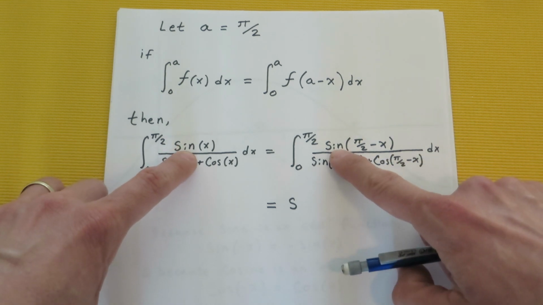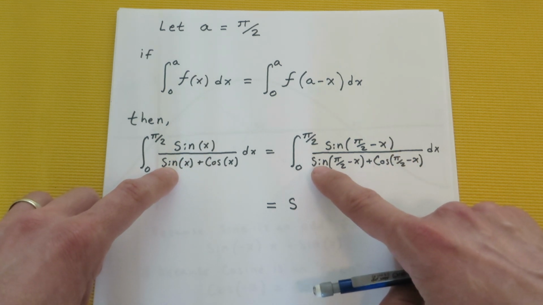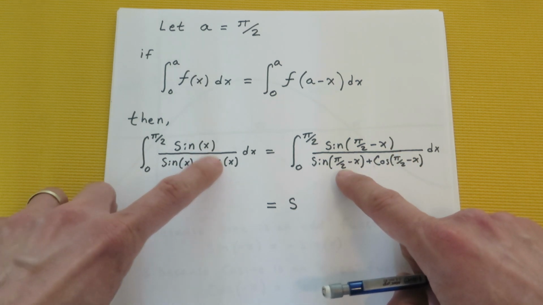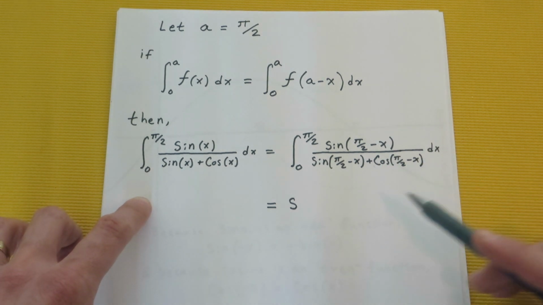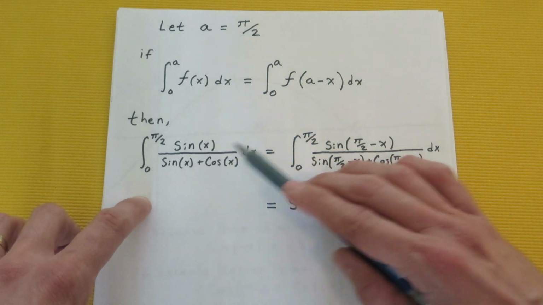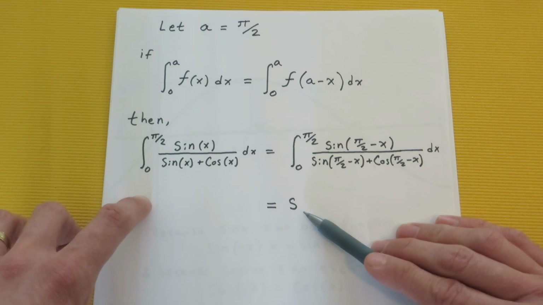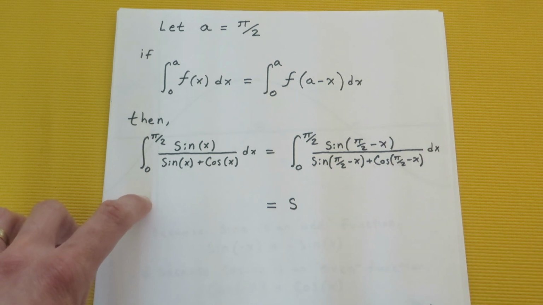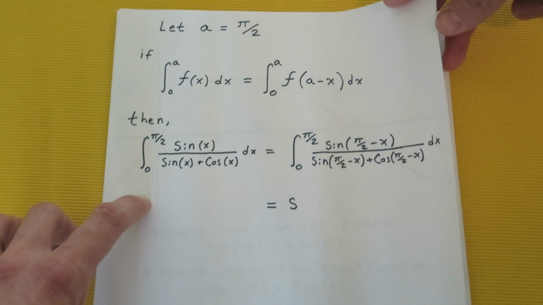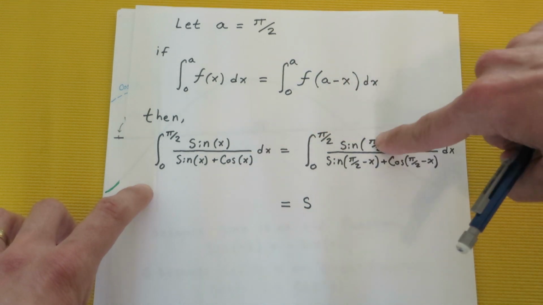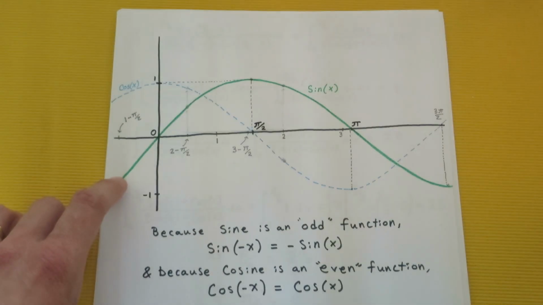So here we have a sine, and here we're plugging in pi over 2 minus x for x, cosine here, plugging in for x here. If this is equal to this, then both must be equal to some sum, and we'll call that s, that we're trying to evaluate for now. Both are equal to s, we're claiming.